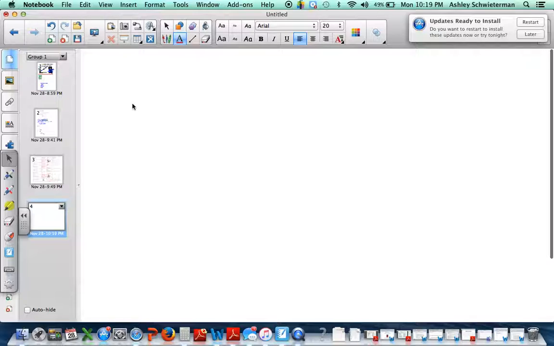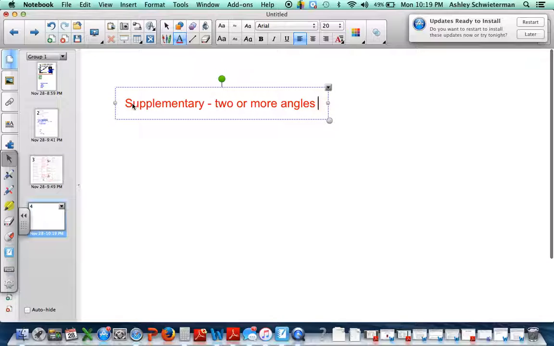Another vocab word involving angles is supplementary. It is two or more angles that add up to 180 degrees.